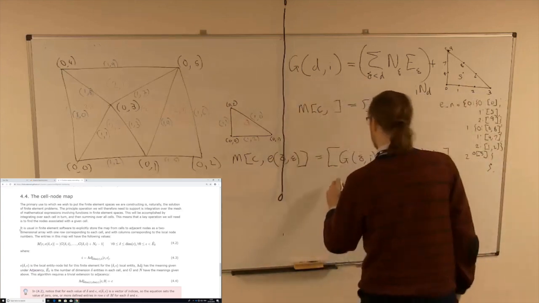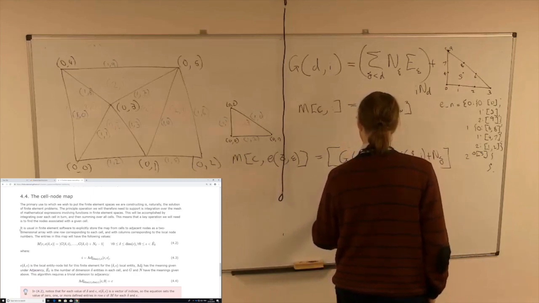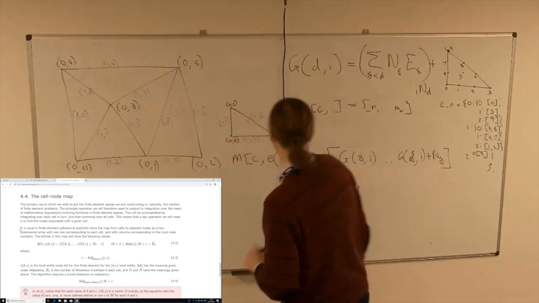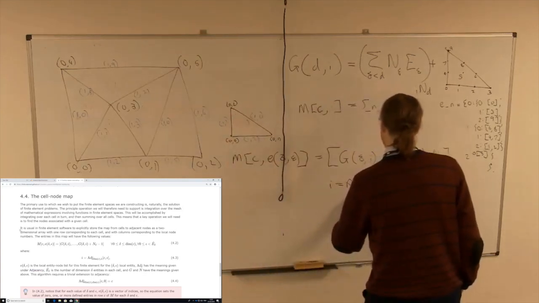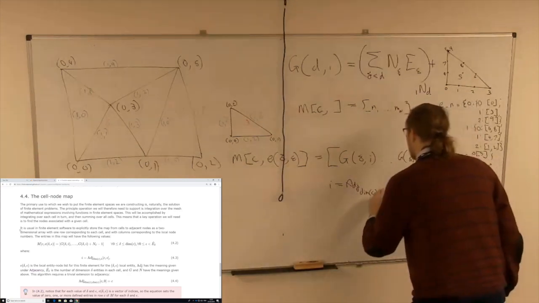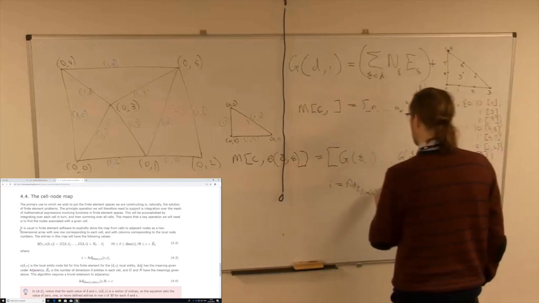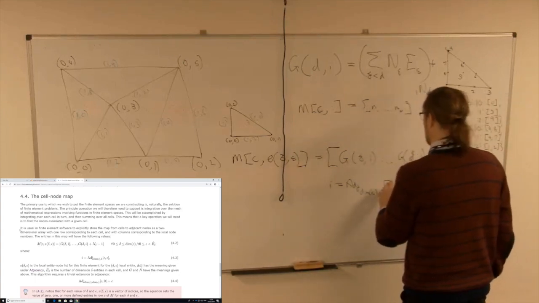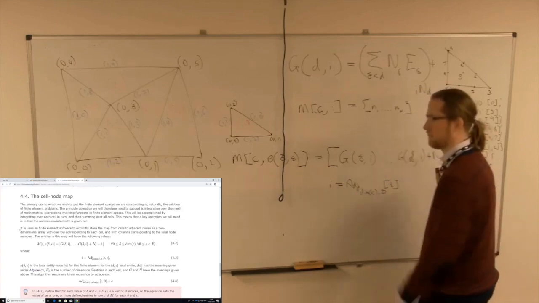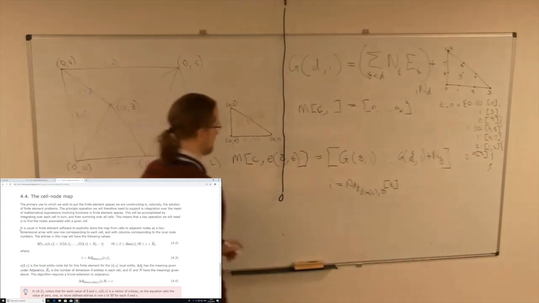So I write I is equal to the adjacency of the dimension of the current cell, 2 in this case, delta, because I'm looking at things of dimension delta, C epsilon.